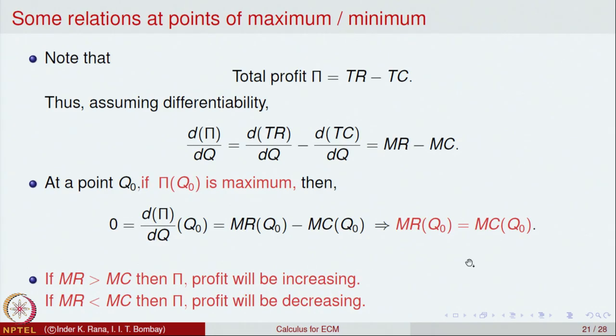So, we will stop here today by recalling that we have looked at the first derivative test and the second derivative test, and we applied these to some purely mathematical examples of how, given a function, to find local maxima and minima.